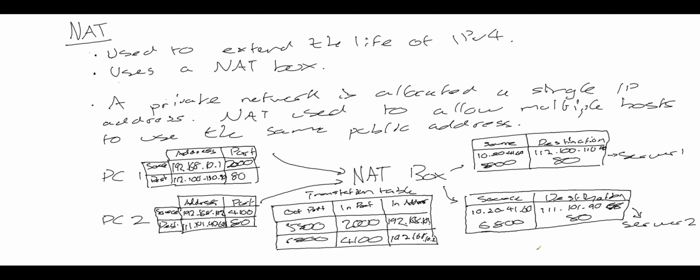So, for example, if I'm at home and I've got 5 computers in my house, I can use one public address to communicate with the internet for all of those computers using the NAT system. And internally within that network, they're just using private IP addresses which can't be used on the public internet.